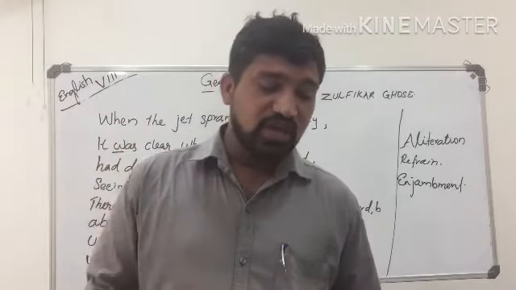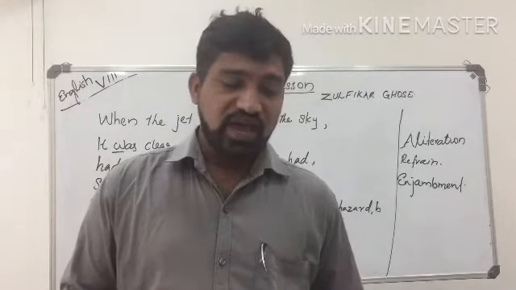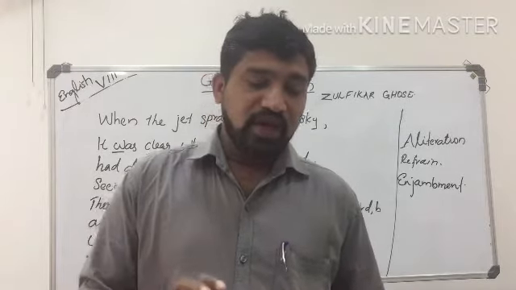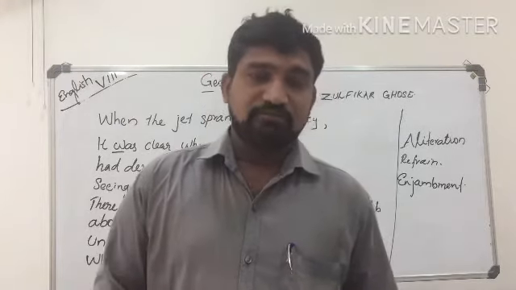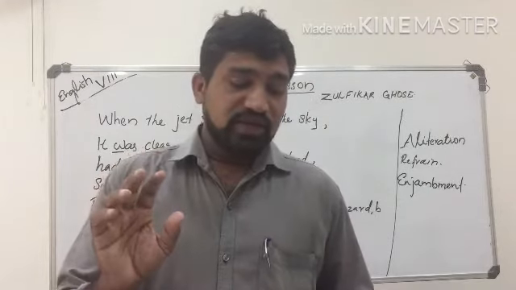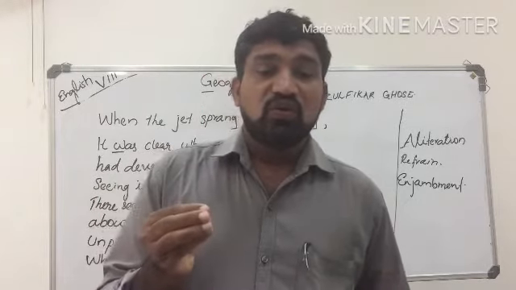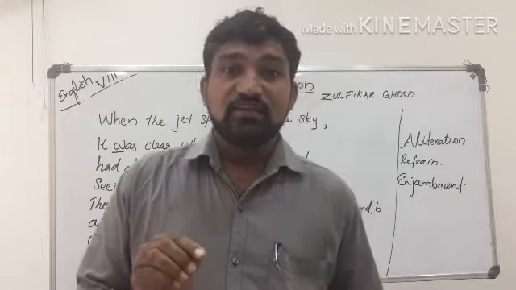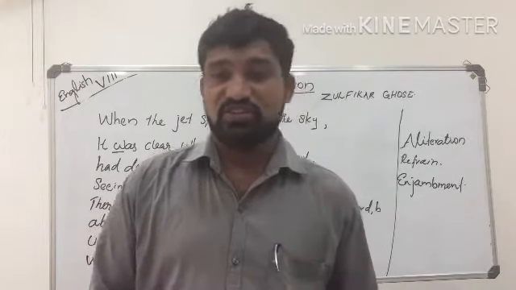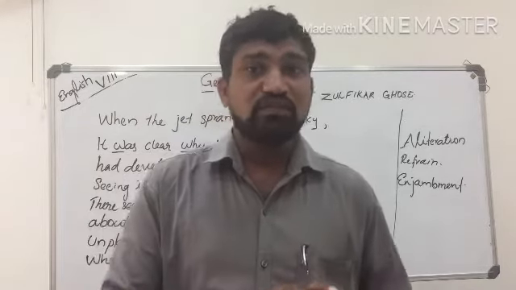The second point is how civilizations were established and the reason behind it. The third one is why people hate each other. These are the three main basic points of the poem.